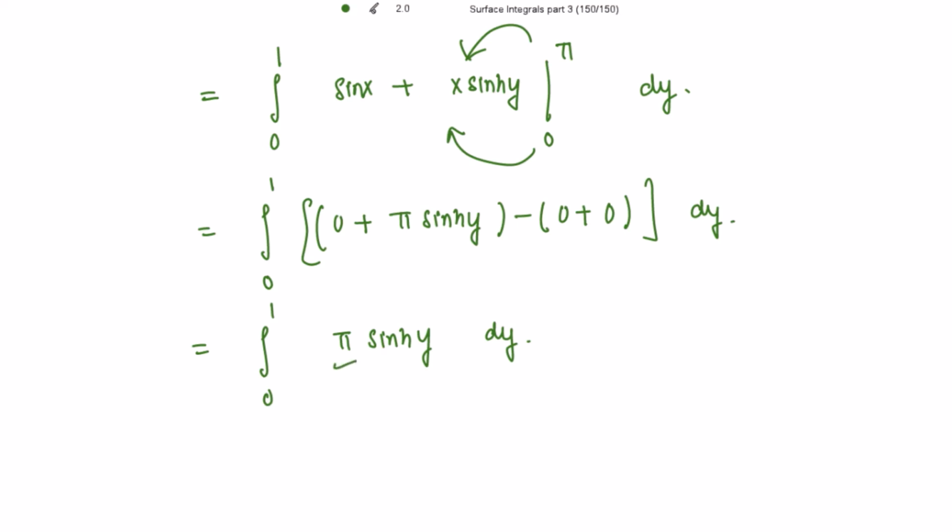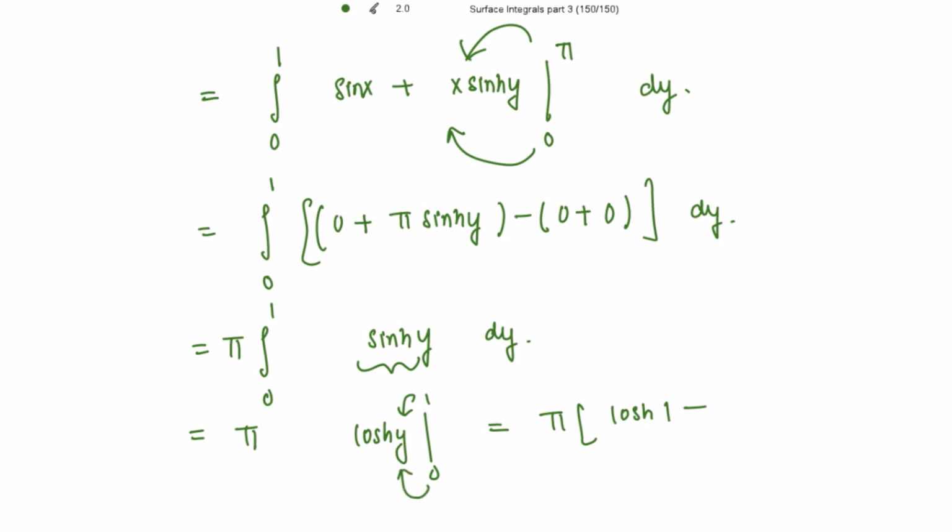Taking pi outside of the integral and integrating with respect to y, we get cosh y with limits from 0 to 1. So this is pi times cosh 1, putting the upper limit on y, minus cosh 0, the lower limit, which is 1.